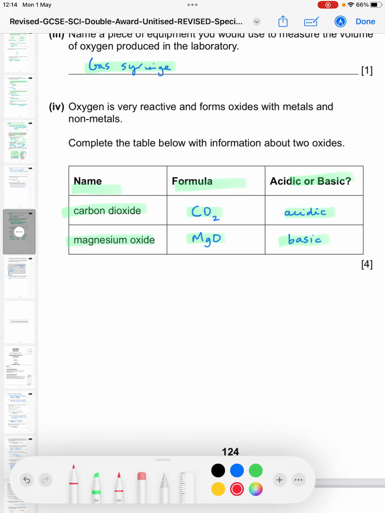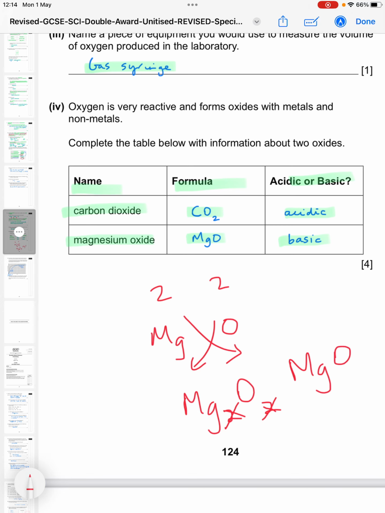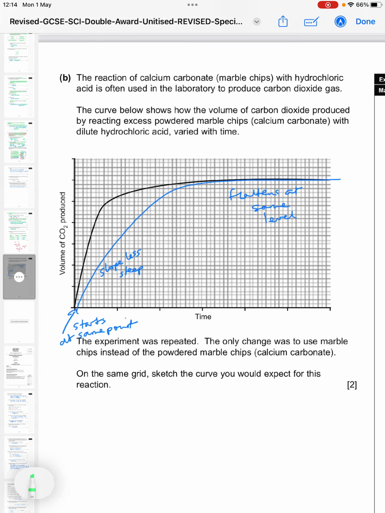And then the formula, carbon dioxide is CO2 and magnesium oxide is MgO. And if you're not sure about that, you just look up your periodic table. Magnesium is group 2, oxygen is group 2, and you can work out the formula by using the valencies method, which gives you Mg2O2.